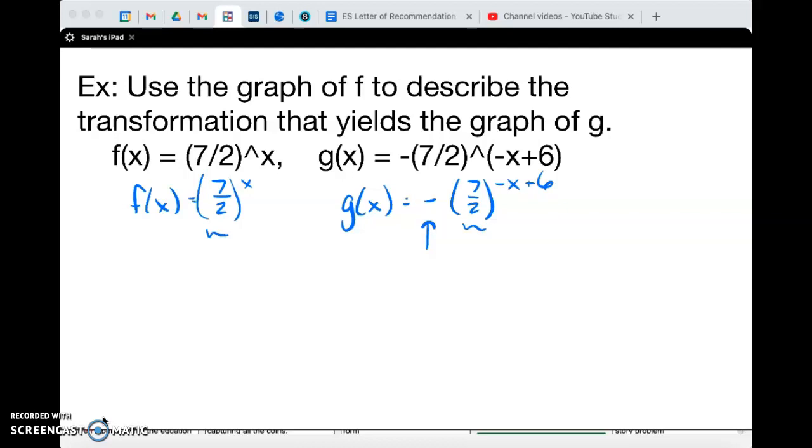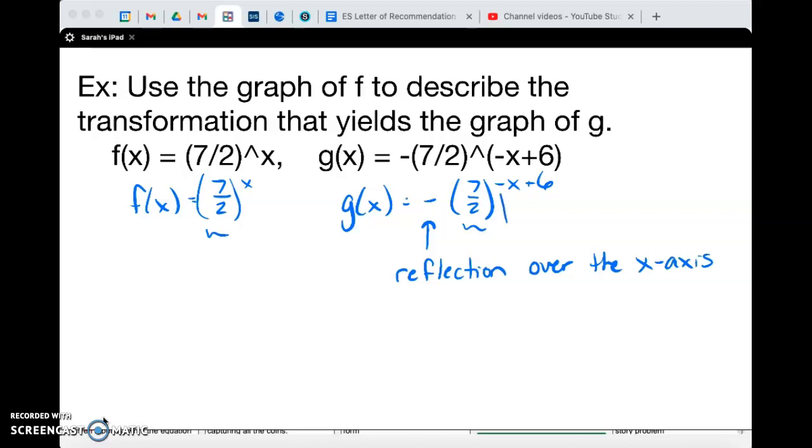If I was using transformation words, I would say it's a reflection over the x-axis. Because it was below the x-axis, it's above, so I'm going to say reflection. I didn't use those words before, but this is the formal wording.